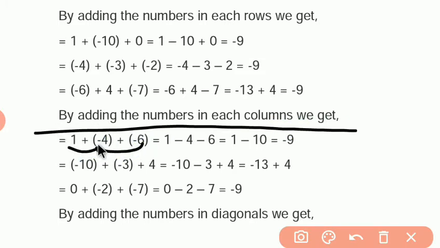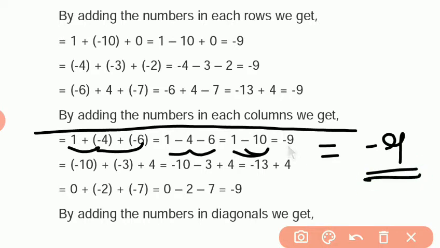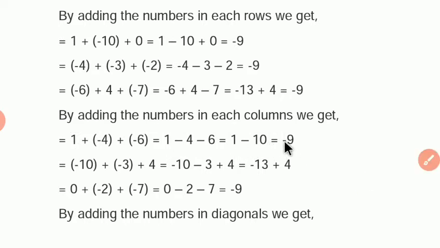So 1 plus into minus, minus 4 plus into minus, minus 6. So 4 plus 6 is 10, and the sign will be minus. Here one number is plus, the second is minus. So plus minus is minus. So 10 minus 1 is 9, and the sign will be according to the bigger number, which is 10, and its sign is minus. So the answer will be minus 9.